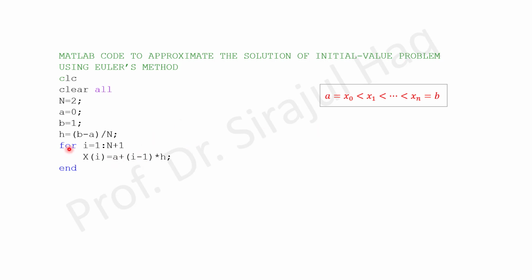Remember, I'm not starting from 0. The reason is straightforward. As I told you before also, in MATLAB, if you are assigning 0 to this i, that will give you an error. So in my program, x1 is for x0, x2 I use for x1, x3 I use for x2, and so on. So x n plus 1 will be used for x small n. This is the way you already know. So what you are doing in this loop is generating the points of your mesh.